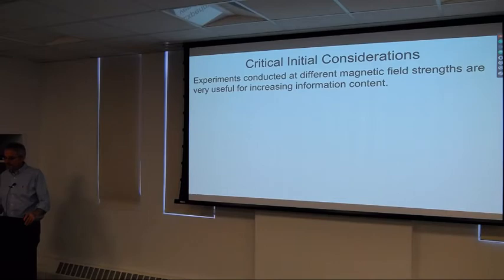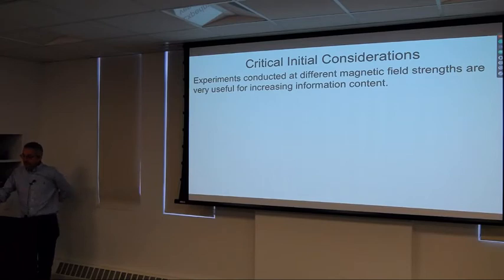So when we look at data these days, one almost always needs to acquire data at different magnetic field strengths. As for the fast time scale processes, where we're measuring R1, R2, and NOE, we now know that we should acquire data at least at 3 different magnetic fields to fully extract information from the data.